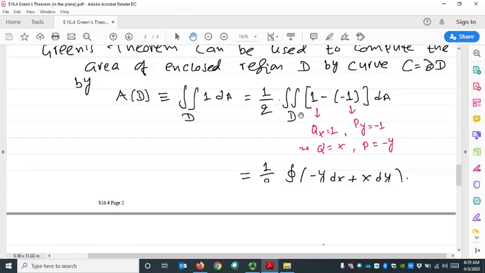Okay, that's the idea here. So comparing the right side to the right side of Green's theorem, this is Q_x, this is P_y. Then how do we extract P and Q? Integrate Q_x with respect to x, which gives us Q equals x. Integrate P_y with respect to y, which gives us P equals minus y.